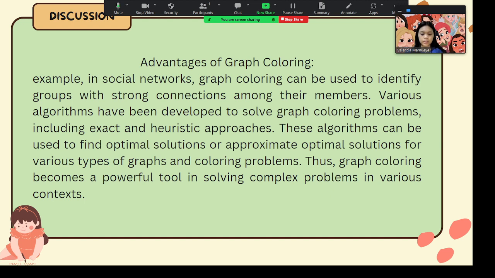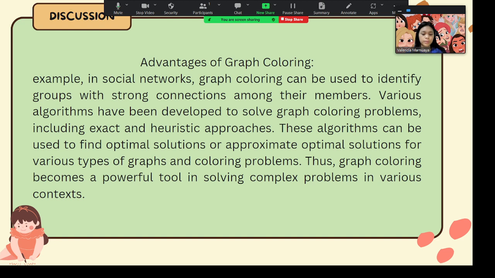For instance, in scheduling, graph coloring aids in allocating time for each task without overlap, ensuring efficiency and optimal resource utilization. The simple graphical representation of graph coloring facilitates interpretation and analysis by representing relationships between entities as vertices and the connections between vertices as edges.